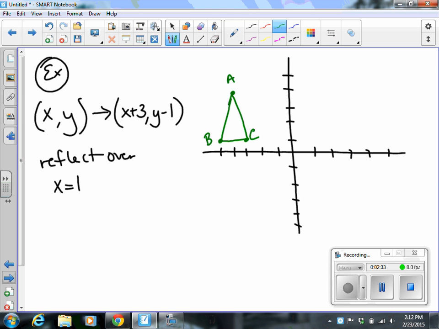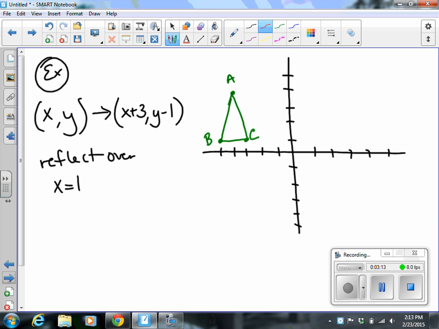Even though I'm doing two separate things, the translation and then the reflection, I'm not going to rename it as A prime and A double prime, because technically my pre-image is A, B, and C, and then my image would be A prime, B prime, C prime. So I do it in phases, even though, yes, technically we are doing two transformations. Because it's a special case, we can't necessarily just slide it and then double slide it and say A prime, B prime, C prime.